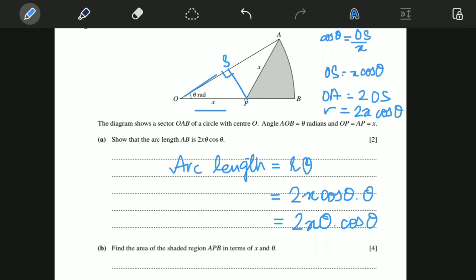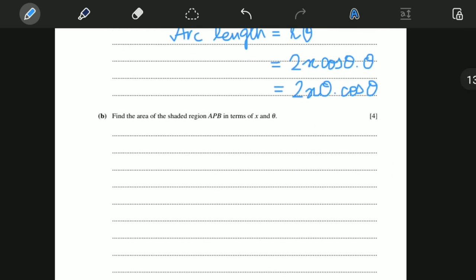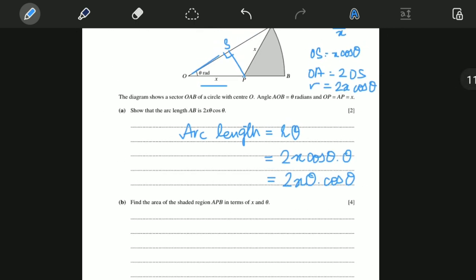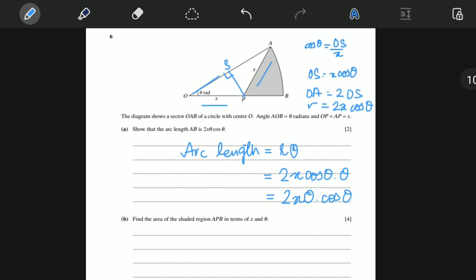Now, part B. Part B says find the area of the shaded region APB in terms of x and theta. APB, this is your shaded region. So, how can we find it? We can find the area of the whole sector and subtract this triangle OPA from the whole sector, so we will get the area of the shaded region.